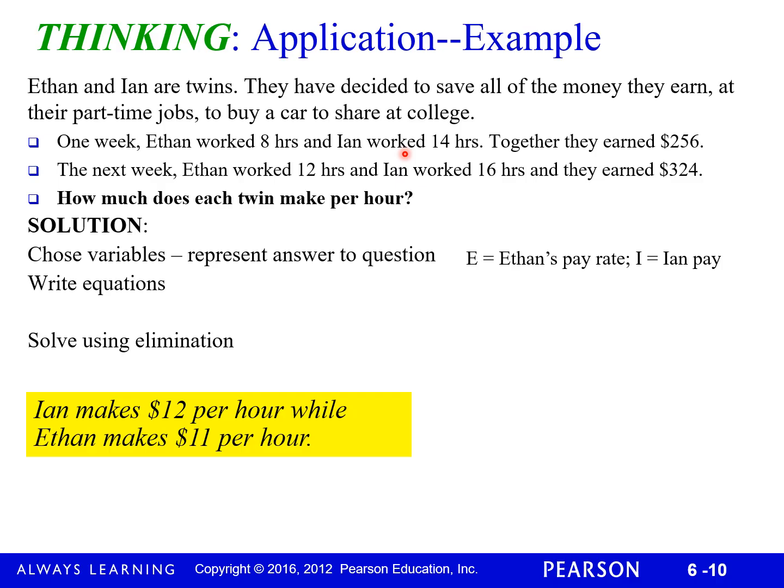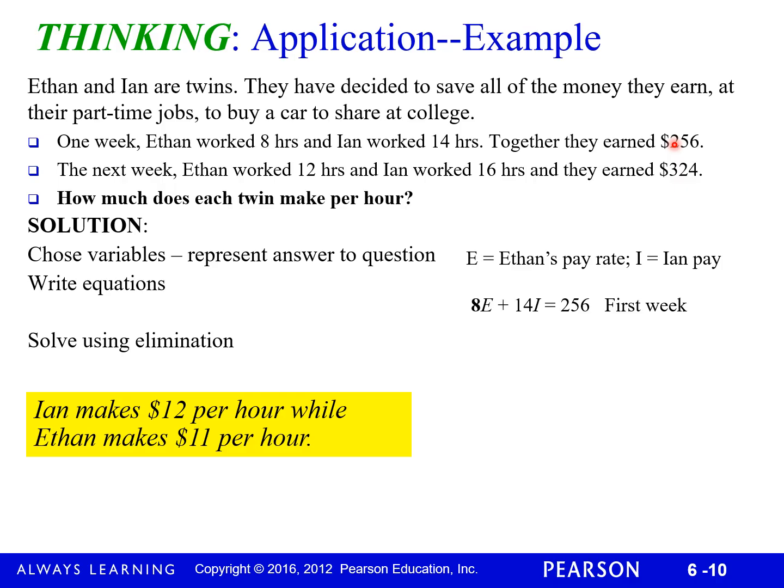So note that in one week, Ethan worked 8 hours. So how much did he get paid? 8 times his hourly pay rate, 8E. And Ian worked 14 hours. So how much did he get paid? 14 times I, because that's his hourly rate. So 8E plus 14I equals 256.